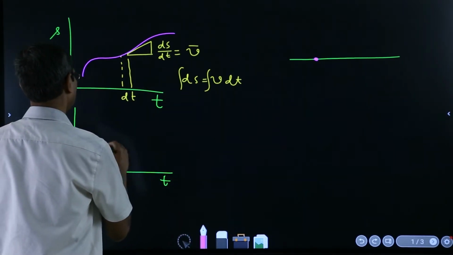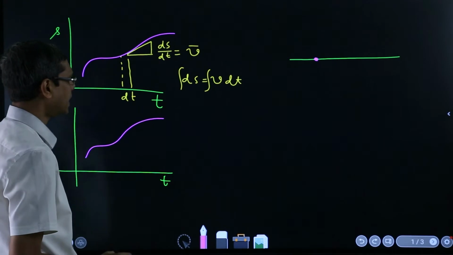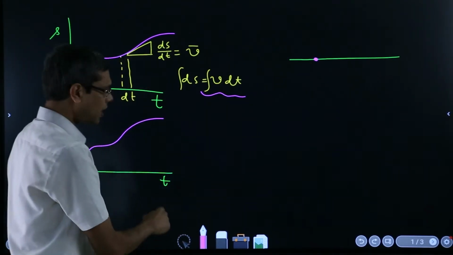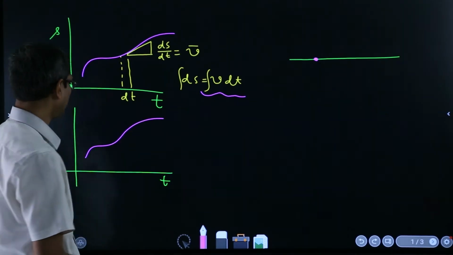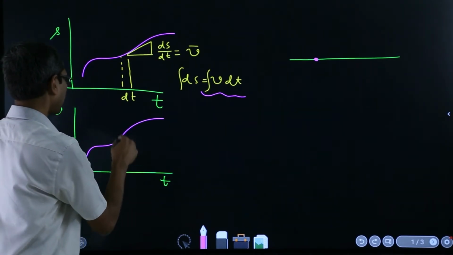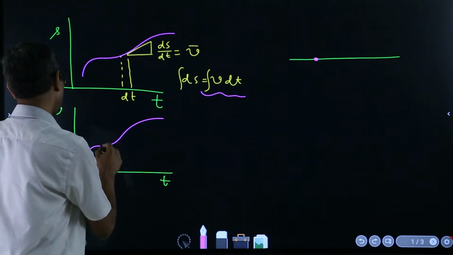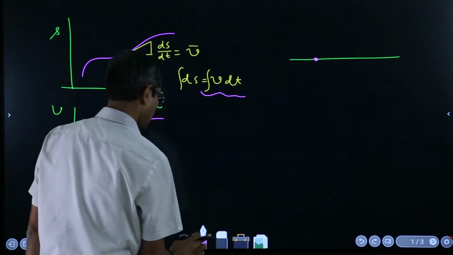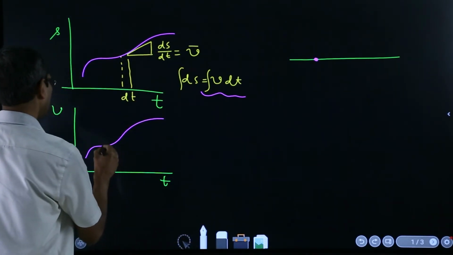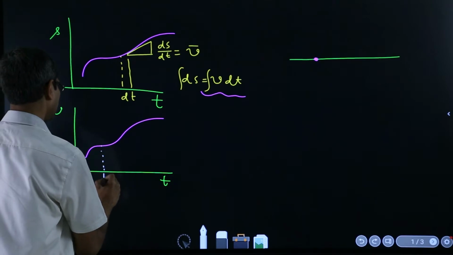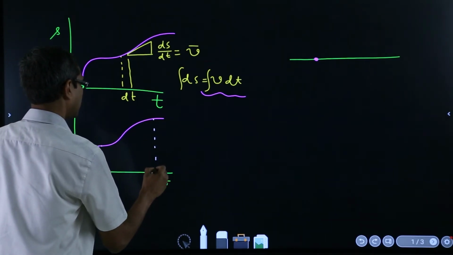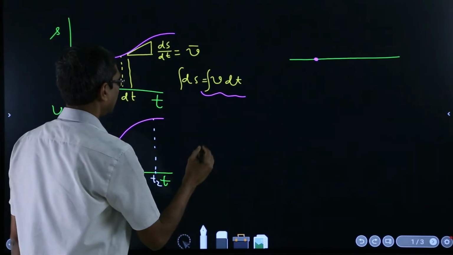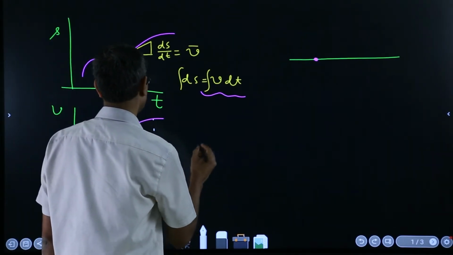If you have v versus t like that, then the area under this v versus t curve, between some time t1 to some other time t2, will give you s2 minus s1.